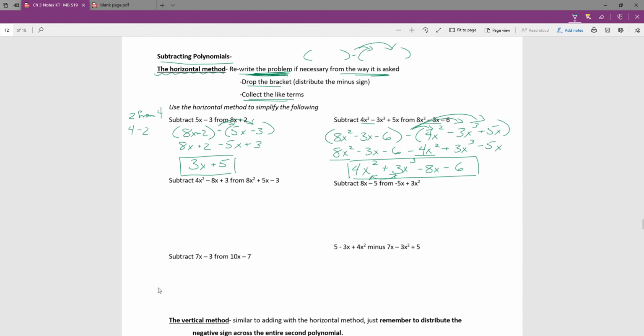Okay, so again, subtracting this from that. Whoops, not multiply, minus. Drop the brackets. And collect your like terms.